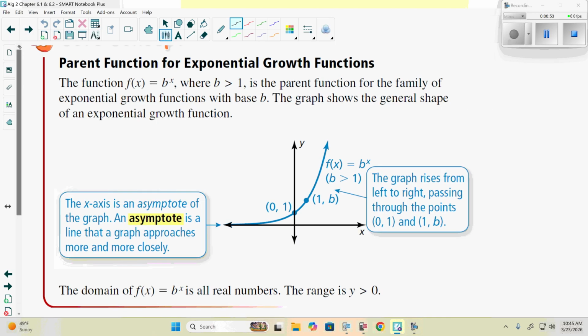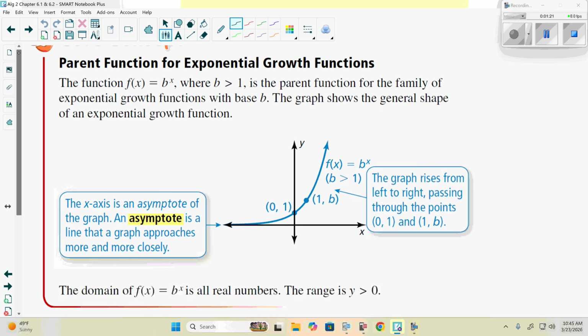When we talk about exponential functions, exponential growth is defined by the function f of x equals b to the x, where b is greater than 1. This is the parent function of the family of every exponential function we can have. So f of x equals b to the x, and b is greater than 1, it is considered exponential growth.